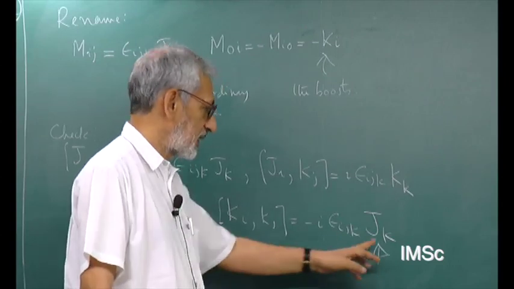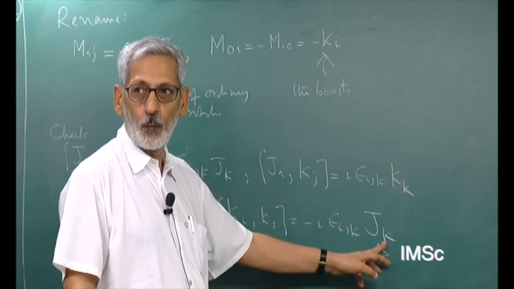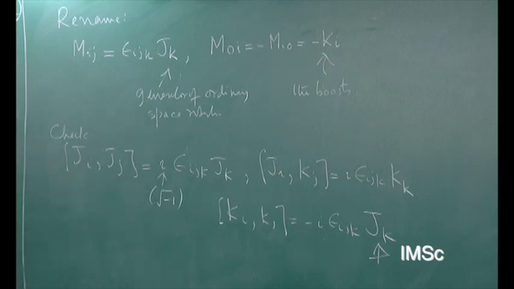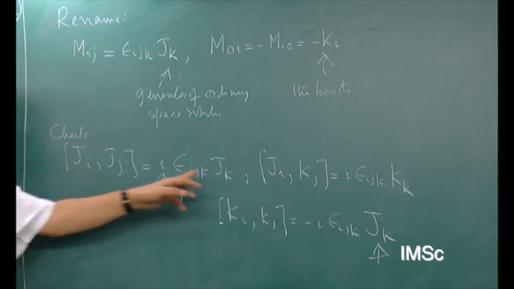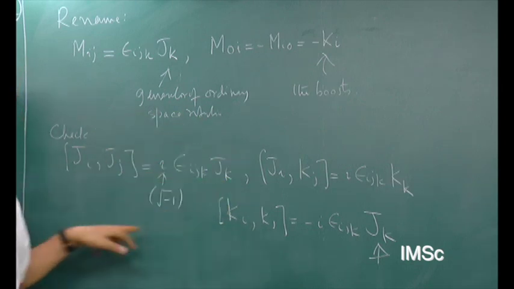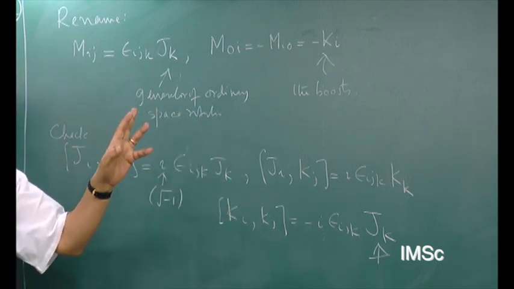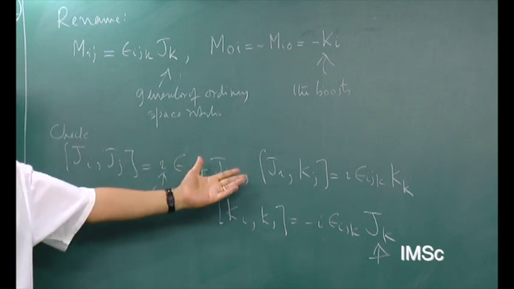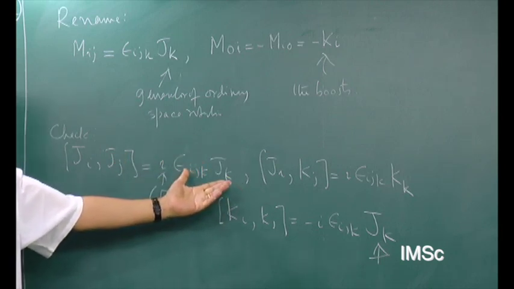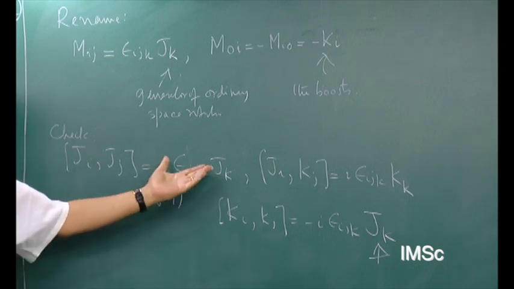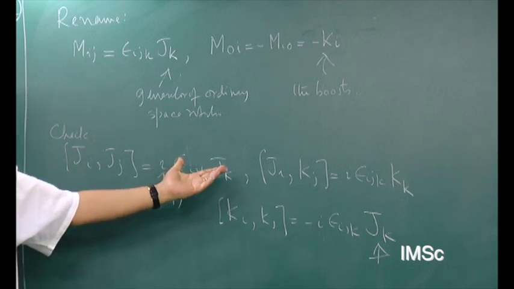The commutator of two boosts is a rotation. But the commutator of two rotations is a rotation. So the algebra of rotations closes amongst themselves. So Ji's form a closed subalgebra of this big algebra. So Ji's are generators of a subgroup of the Lorentz group.